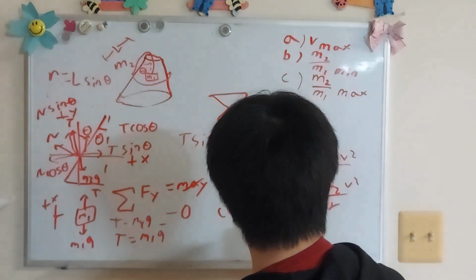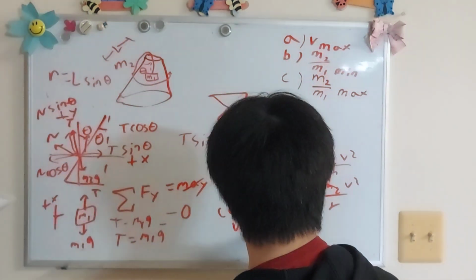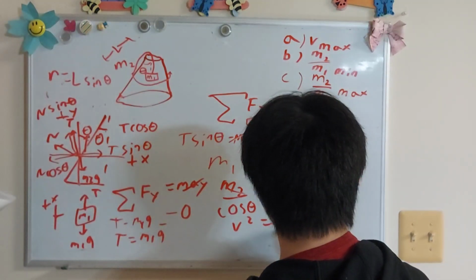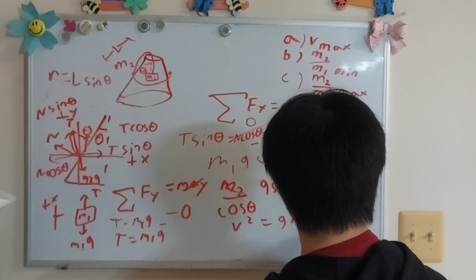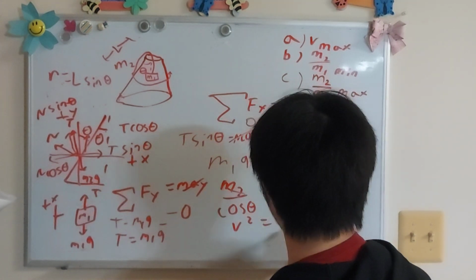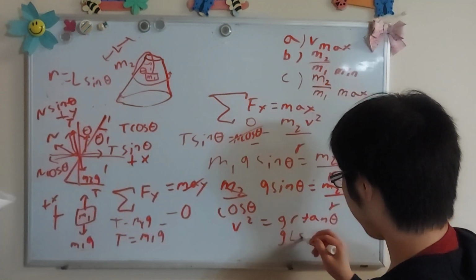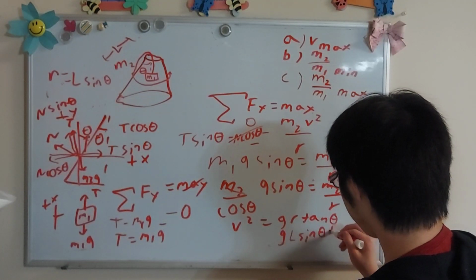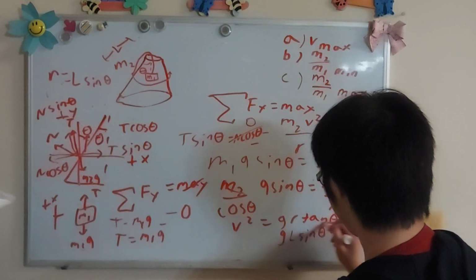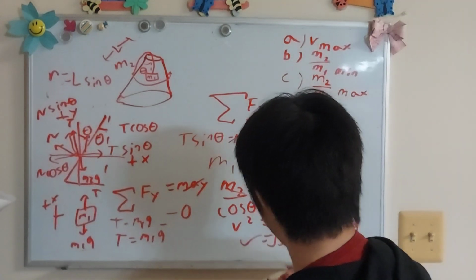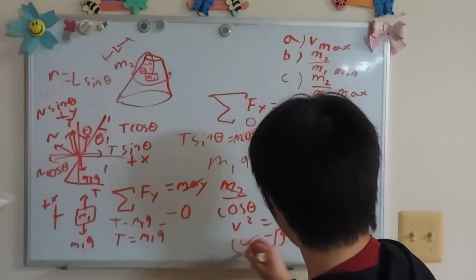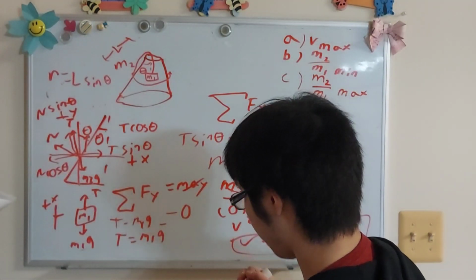The m2's cancel out, and we're left with v squared is equal to g r tan theta. Replacing r with L sine theta gives us this as our final answer. Cool. So now we've got our final answer for part A.